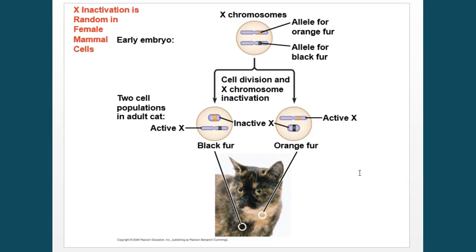Black patches will have an active black allele. Calico cats also have a white area, which is determined by yet another gene. That's sufficient for now. Just know that X inactivation is random, but for this cat being heterozygous and having these bar bodies, those inactive X's within the cells that determine coat color, they end up with a combination. They end up being a mosaic for those traits, okay?